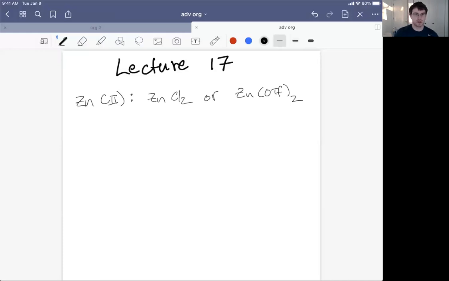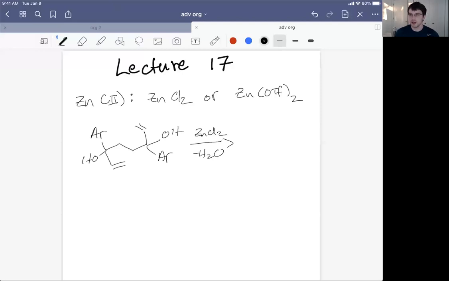And so what we're going to look at is a transformation where we take this dibenzylic alcohol with some alkenes in a bridging chain, and we are going to do a reaction using zinc chloride with the loss of H2O.